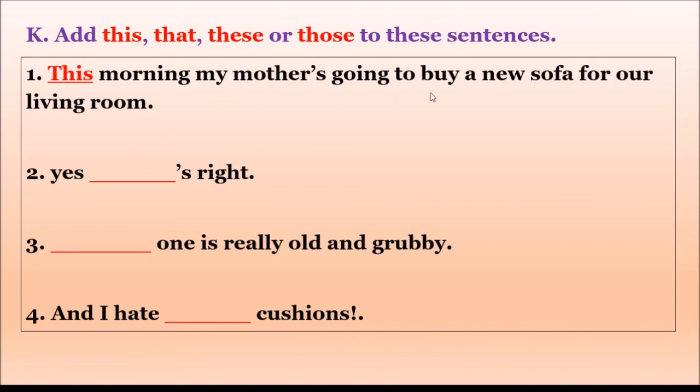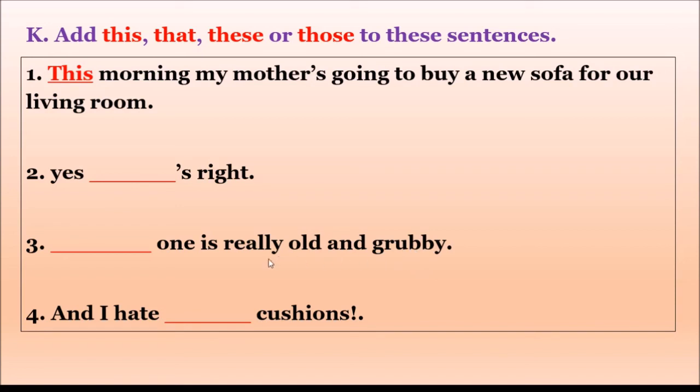Dash morning, my mother is going to buy a new sofa for our living room. This, yes, dash is right. That is right. Yes, that is right. Or we can use, if it is necessary, this is right also. And third one, dash one is really old and grubby.